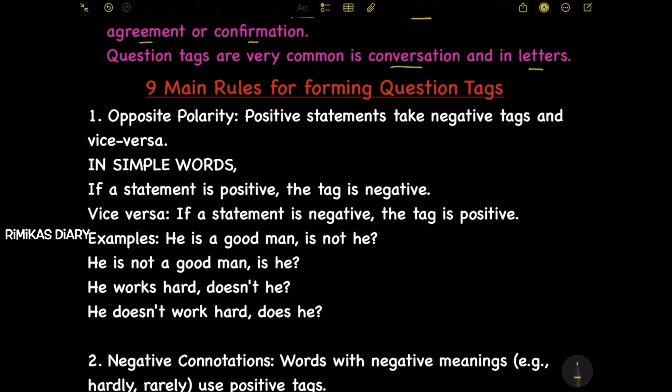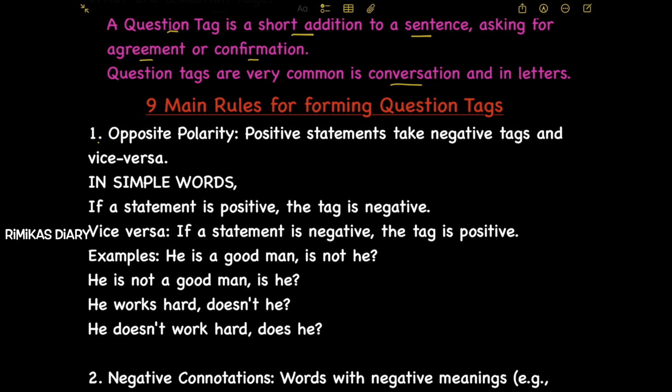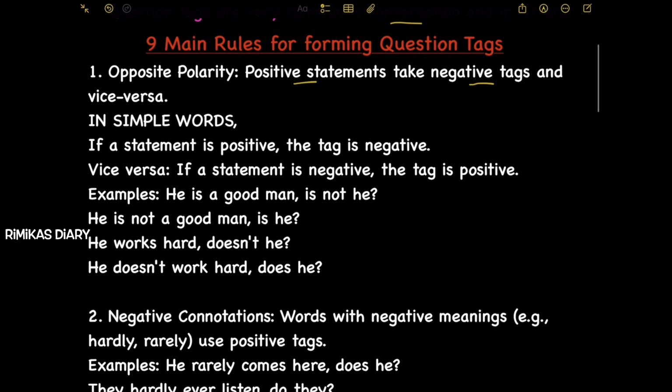Now let's see 9 main rules for forming question tags. Let's see the first rule: opposite polarity. Positive statements take negative tags and vice versa. So in simple words, if a statement is positive, the tag is negative.